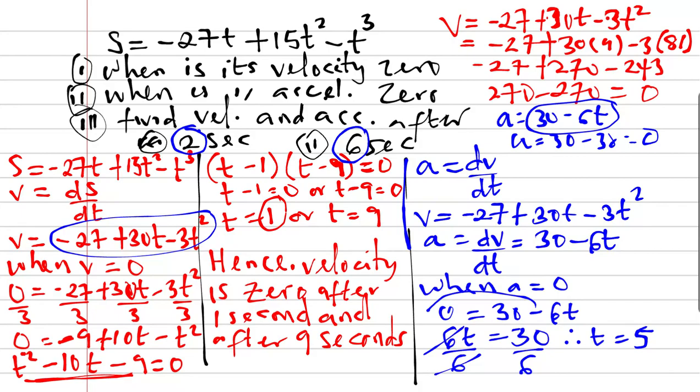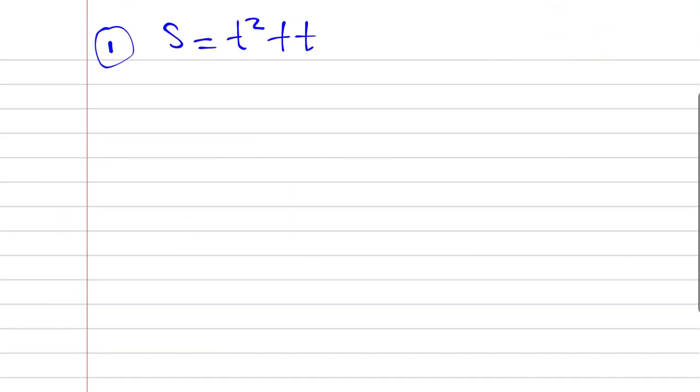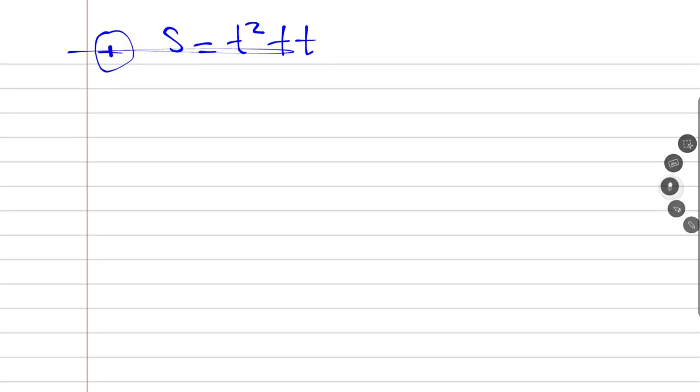So first, our velocity is what? Let me finish that question so that there will be no excuses. All right, as a science student, no excuses. So our v already, we've gotten our velocity. Our velocity is minus 27 plus 30t minus 3t squared.